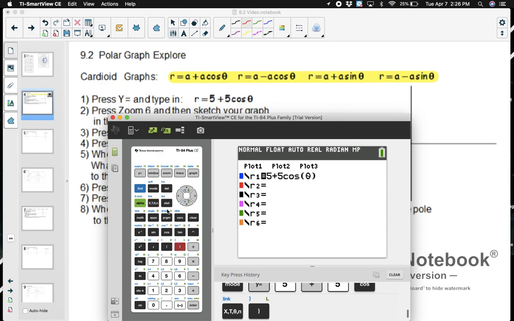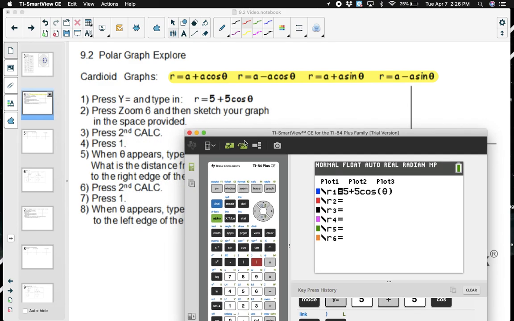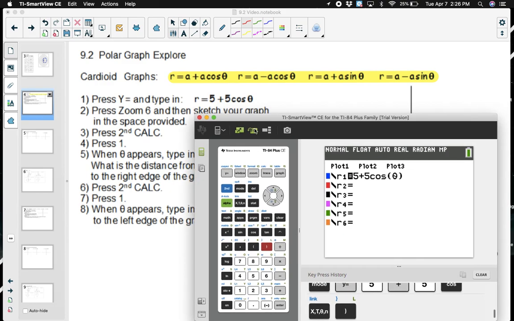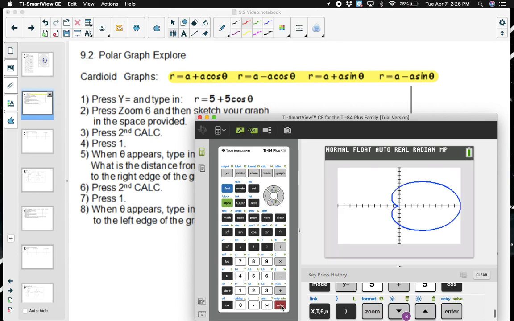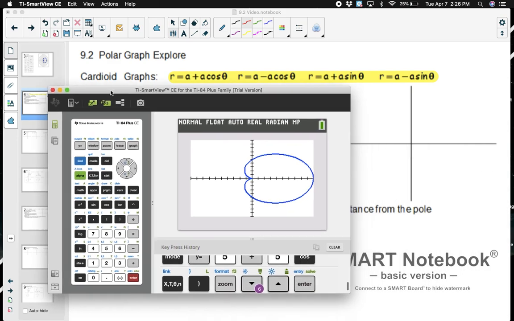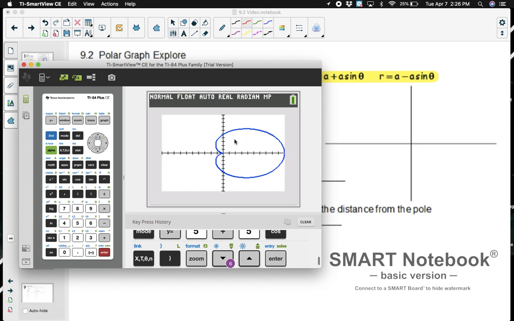I close my parentheses. And now, step 2 says let's press zoom 6. So 6 is our standard. Remember, you could tab all the way down to 6, or you could just press number 6 and it'll take you there. And when we get that, we get this graph. Like I said, this one looks a little bit different. It's stretched down a little bit more, so it looks a little bit more like a heart.